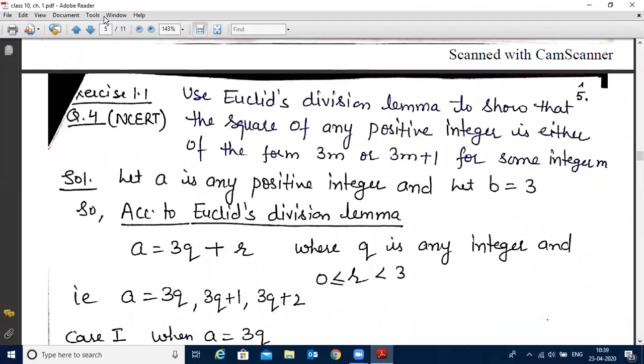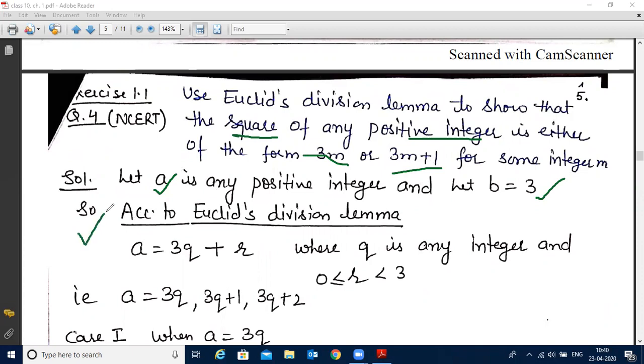So in this question, we have to prove that the square of any positive integer is either of the form 3m or 3m plus 1. So we will assume here that b is equal to 3. We will let a be any positive integer and b equal to 3.